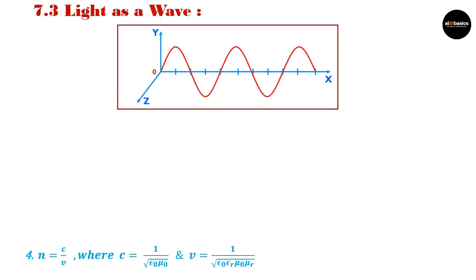Now here we have a red color wave, and this indicates the electric field associated with the electromagnetic wave with its amplitude E0.